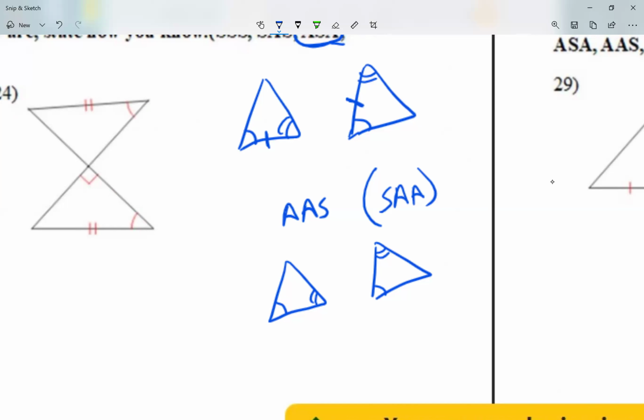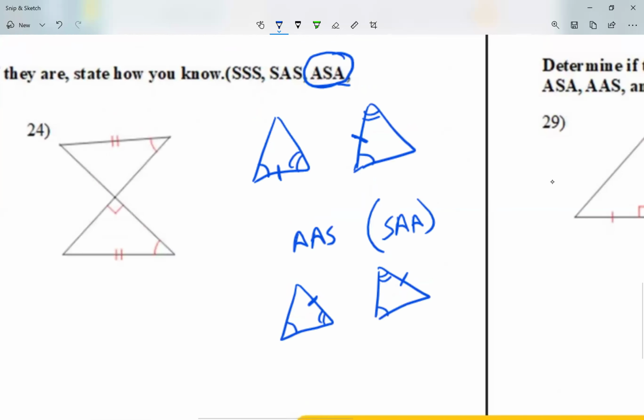Now angle, angle, side is not the side in between. So I'm going to mark this side. It has to match this side, the corresponding side. Notice how this side is touching the one that has two arcs. Same thing here. So the idea of angle, side, angle is two angles and the side in between. The idea of angle, angle, side is two angles and the side not in between.